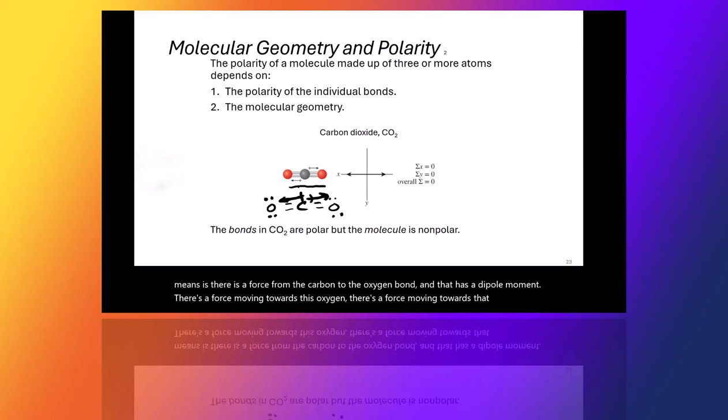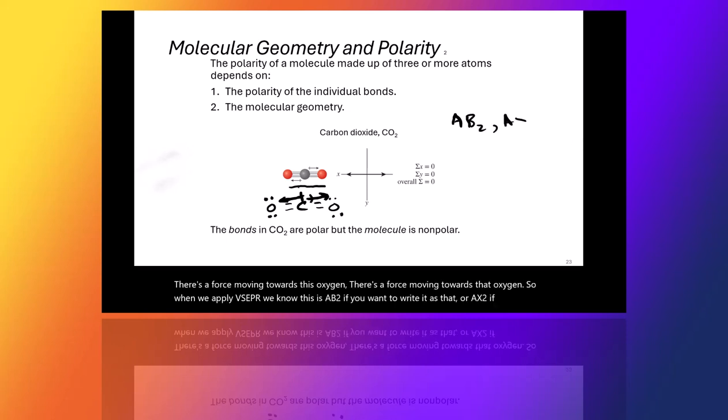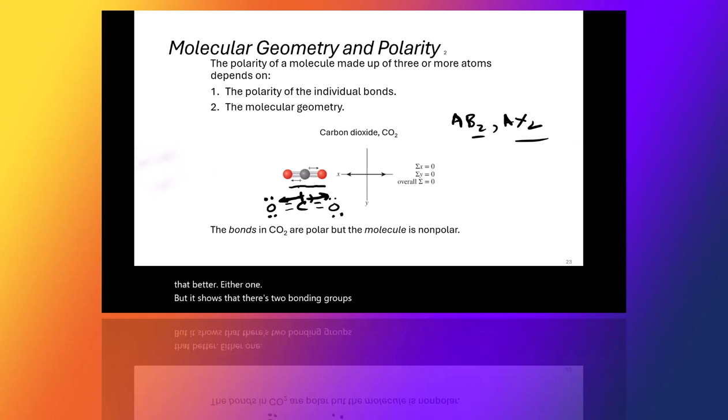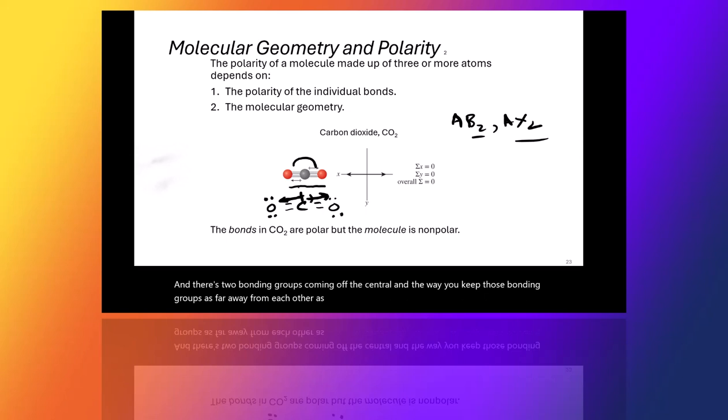So when we apply VSEPR, we know this is AB2 if you want to write it as that, or AX2 if you like that better, either one. But it shows that there's 2 bonding groups coming off the central atom. And when there's 2 bonding groups coming off the central atom, the way you keep those bonding groups as far away from each other as possible is you place them 180 degrees from each other. And so we've got the correct molecular geometry here.